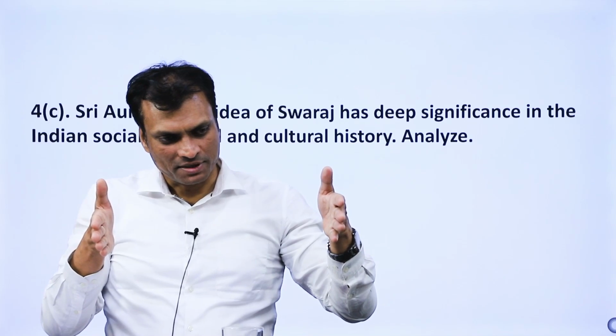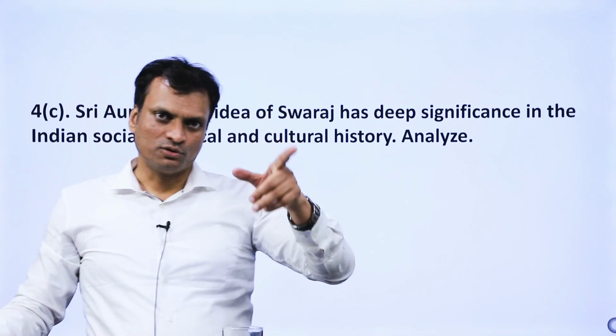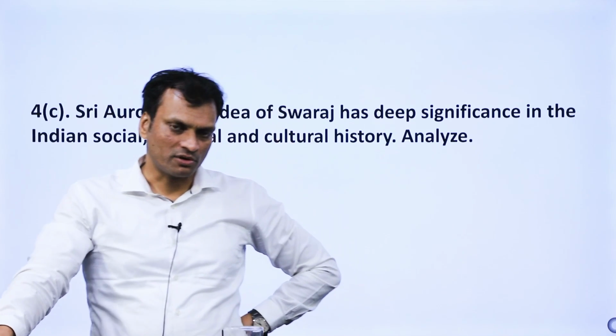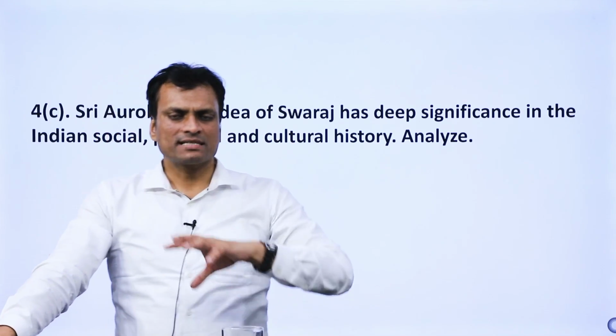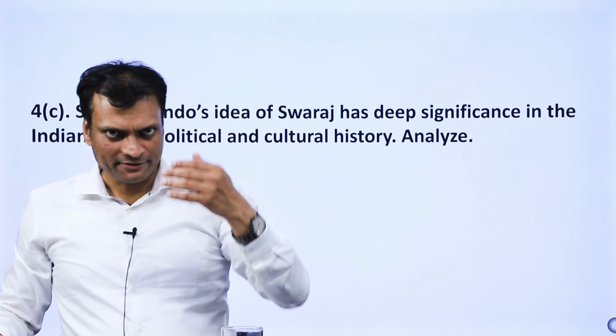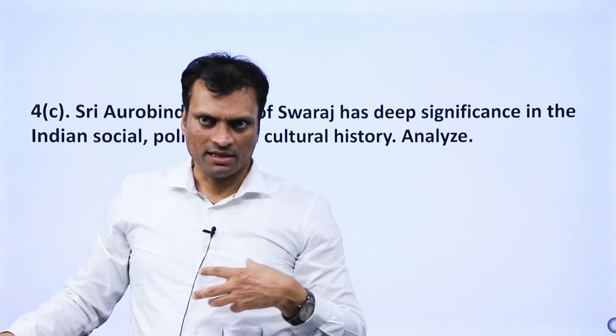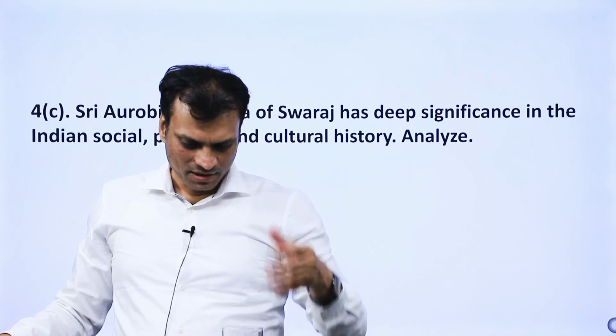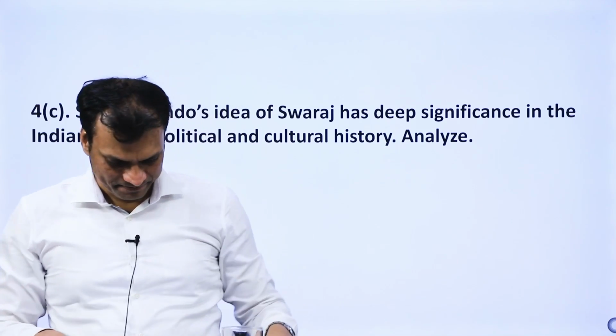Integral yoga is not totally delinked from the political concept of Swaraj, before Aurobindo Ghosh took sannyas after the Alipur conspiracy case. So you have to combine all these things to make a narrative, a story, and show it to the examiner without confusing them.